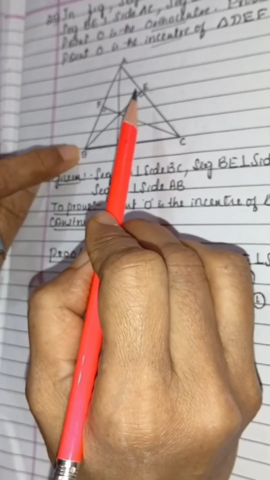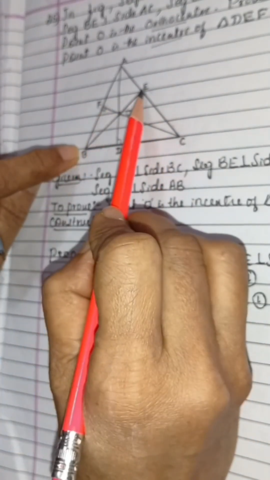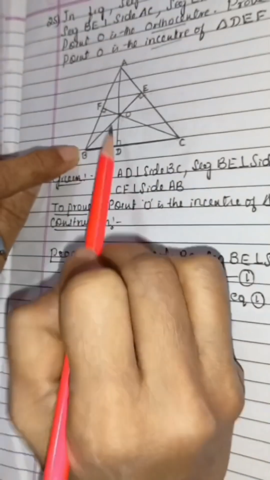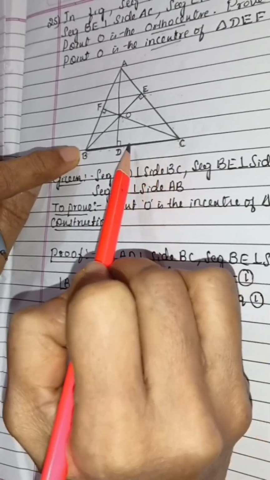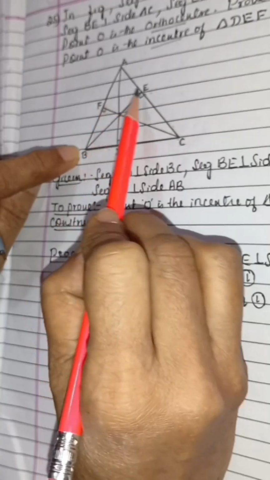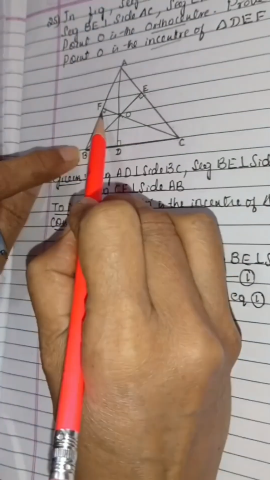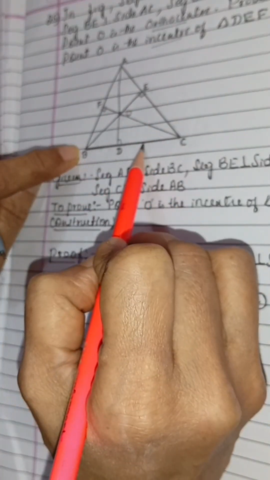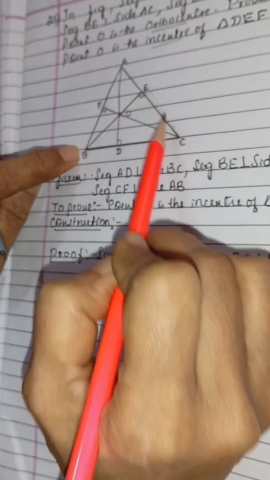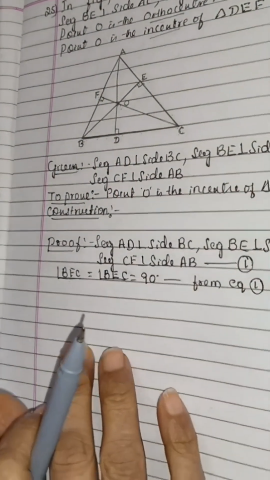So due to that statement, we can say that BFEC is concyclic. See, B and C are 2 points on a given line, and they subtend equal angles, both 90 degrees, that is BFC equals BEC, and both are on the same side of this line. Then these 4 points B, F, E, C are concyclic. That statement we have to write here.